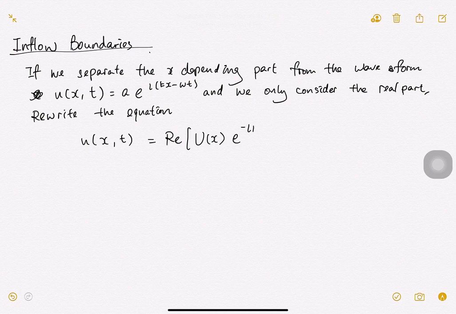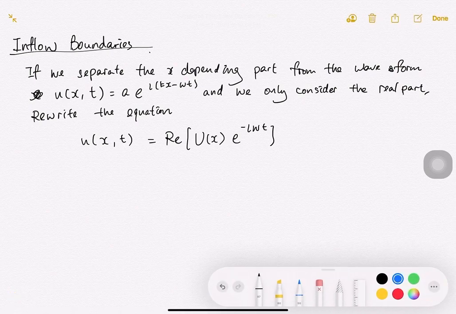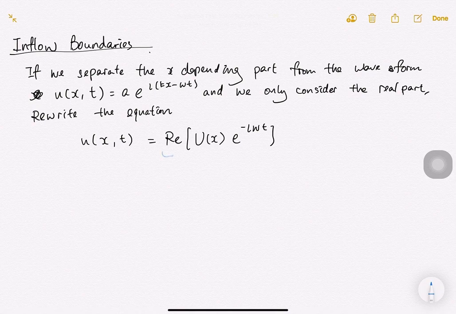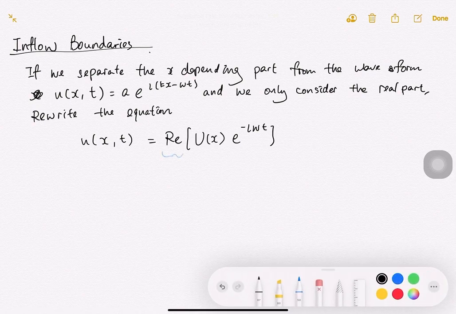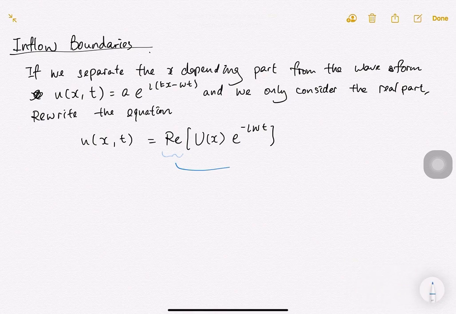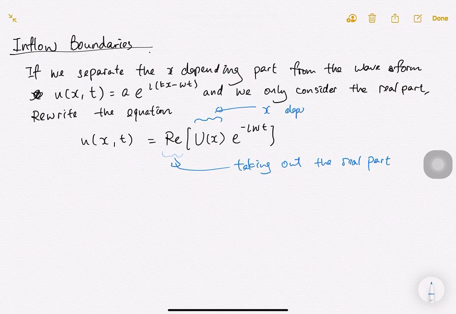Minus i omega t. RE here means taking out the real part. So this part is the x dependent component.